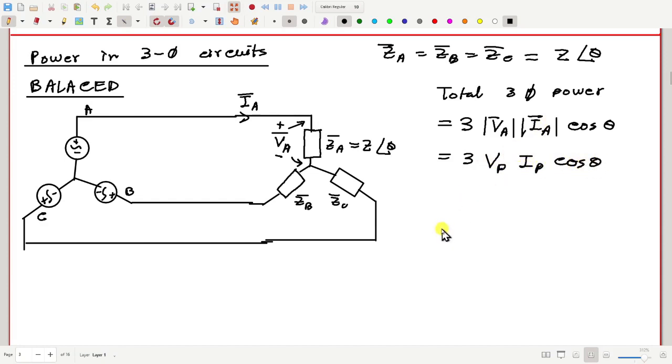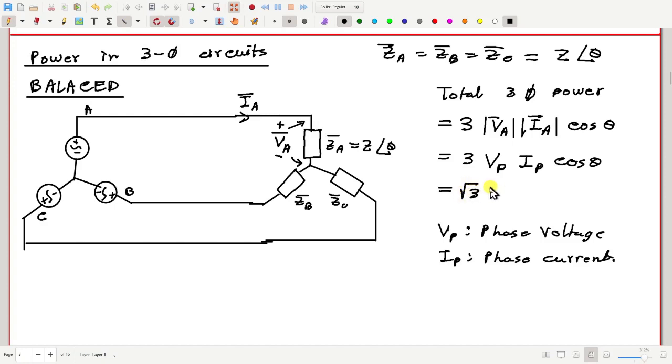So here VP is the phase voltage and IP is the phase current. Now we will write this as √3 times VL IL cos theta.